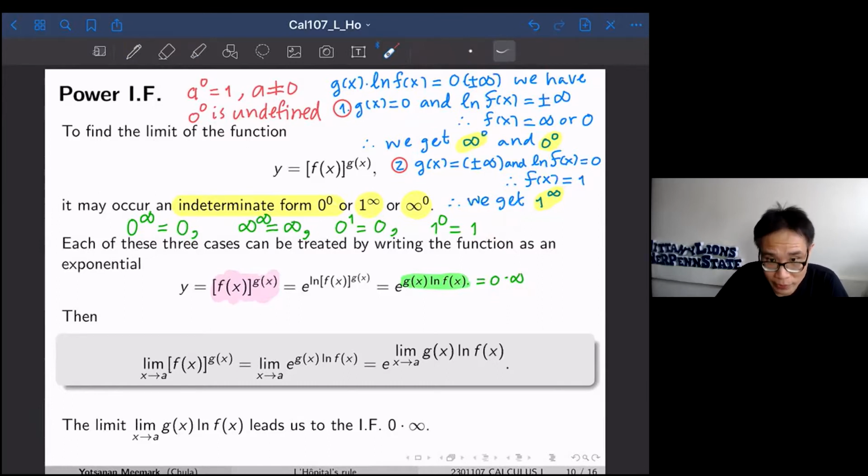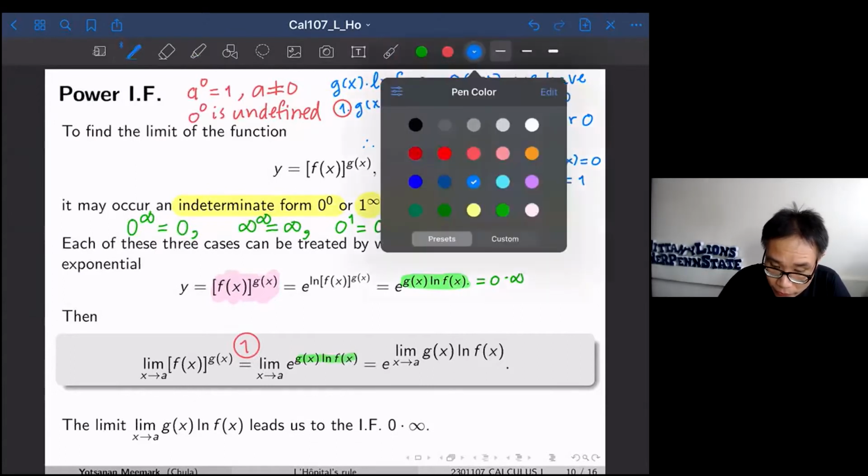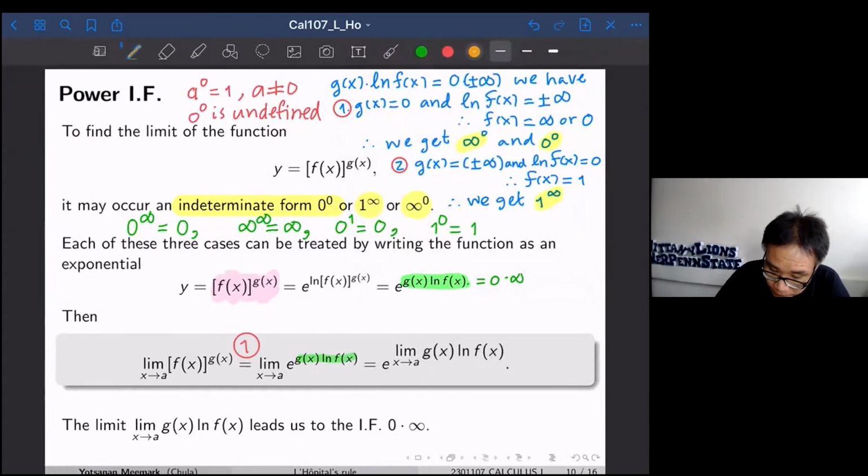Otherwise, it's not L'Hopital. Okay, so in this case, you're going to find the limit of f(x) to the g(x) by converting to e to the green one. So you have e to the green one, and you will use L'Hopital. The first step will be here. So this one will be your first step. And the second step will be you find the limit. Okay, so you find this limit by using L'Hopital. So let me circle this one with another color.